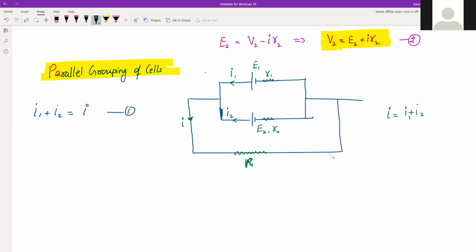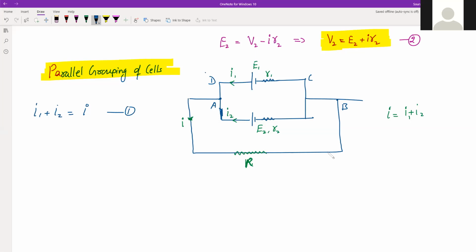Now if we have to find I1 and I2, we'll have to take help of different loops. Suppose this point is A, and this is B, and suppose this point is C, D, right?